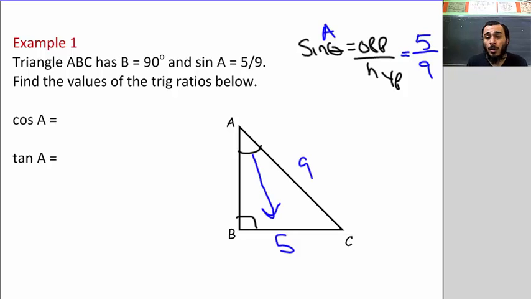All right, so now in order for us to find the cosine of A and the tan of A, we need to figure out what this missing side AB is. So use the Pythagorean theorem to find that missing side.